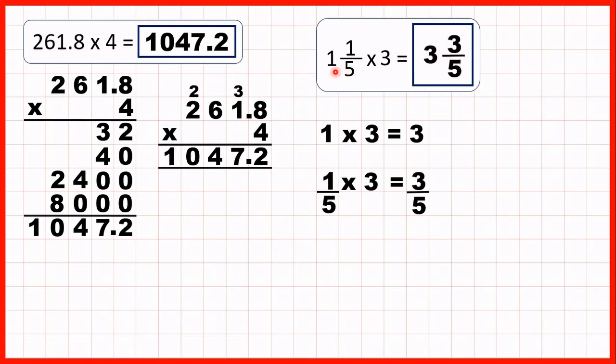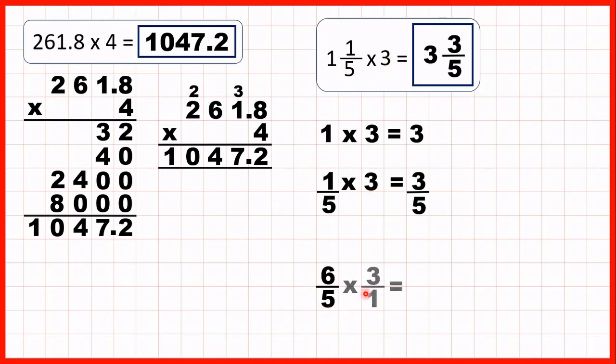We could also solve this by changing the mixed number to an improper fraction. To do that, we multiply the whole number by the denominator, then add the numerator. So 1 times 5 is 5, plus 1 is 6. So we have 6/5 as an improper fraction, because the denominator always stays the same.